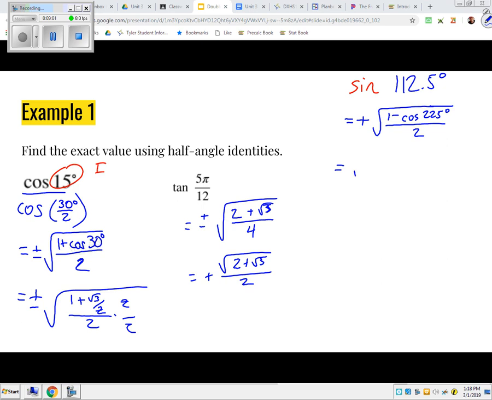So I'm going to get rid of the plus sign now. Already established it. Not having anything out there means it is positive. Cosine of 225 degrees. Negative square root of 2 over 2, right? Okay, because 225 now is in the third quadrant.